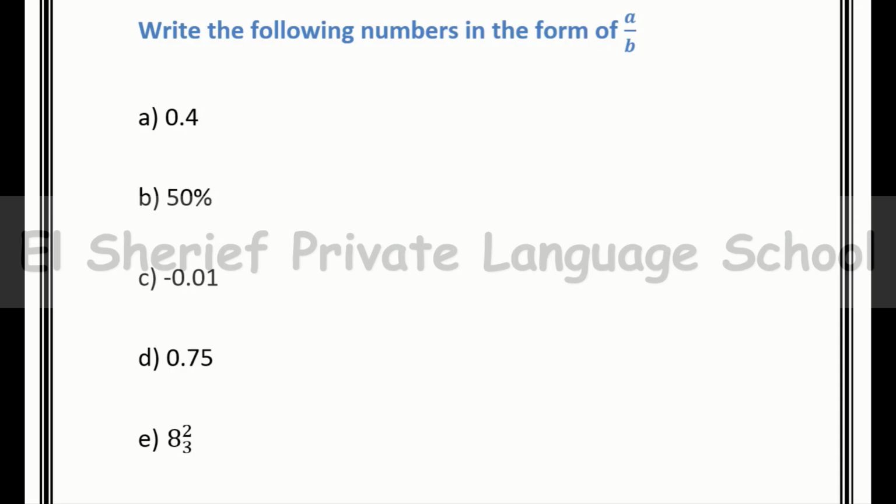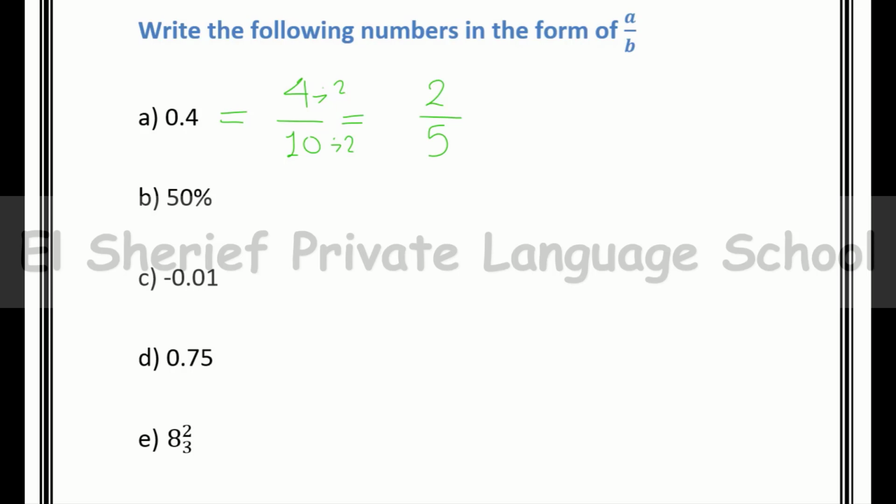And we know that 0.4 is equal to 4 over 10. The decimal point is after 1 digit, so it's equal to 4 over 10. I can write it in the simplest form, divided by 2, which is 2 over 5. 2 over 5 in the form of A over B.